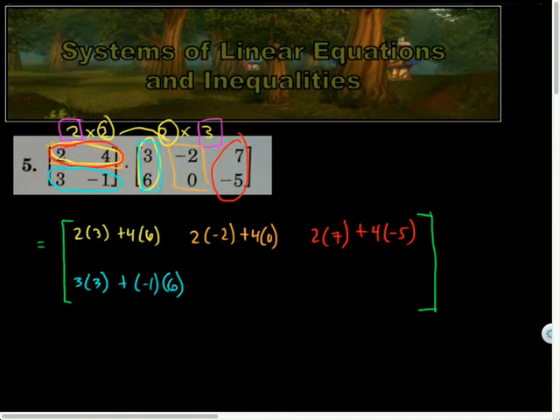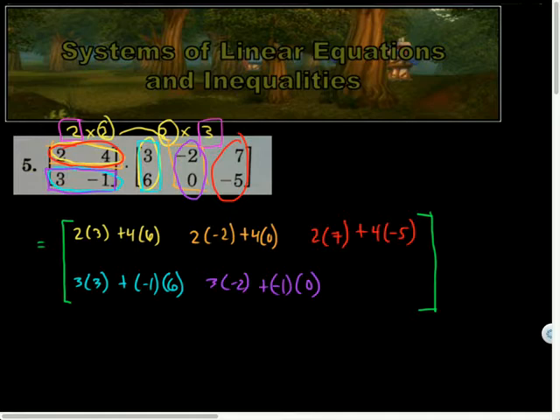Then I'll have second row, second column, so I'll multiply the second row by the second column, and I'll have 3 times negative 2 plus negative 1 times 0.